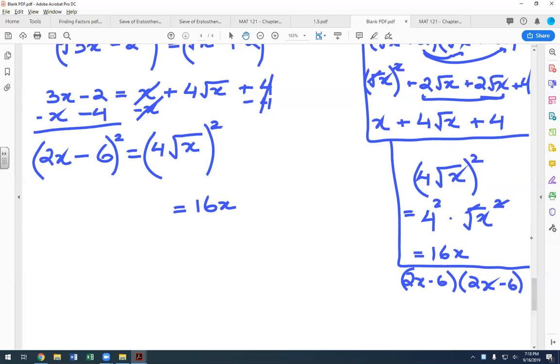I got 4x squared minus 24x plus 36. Very good, yes. 4x squared minus 24x plus 36.